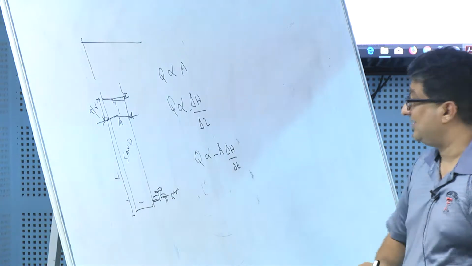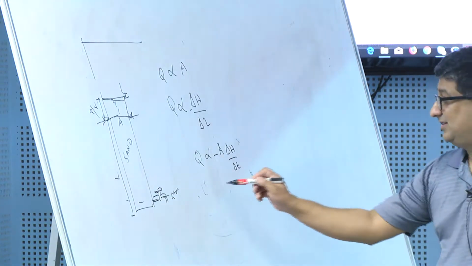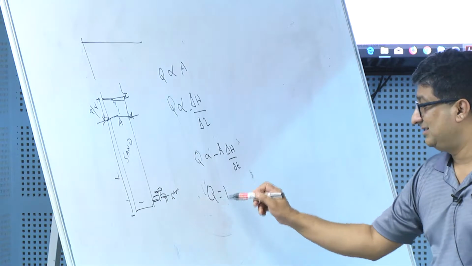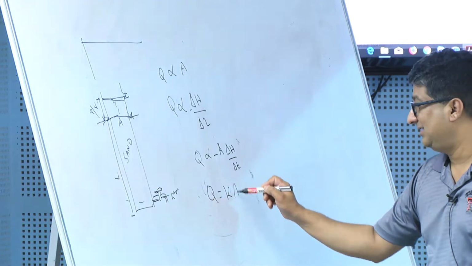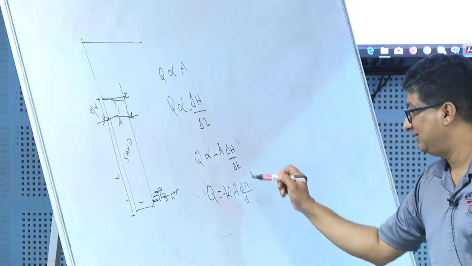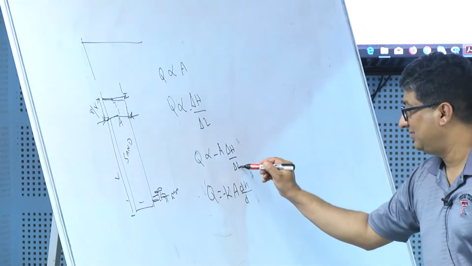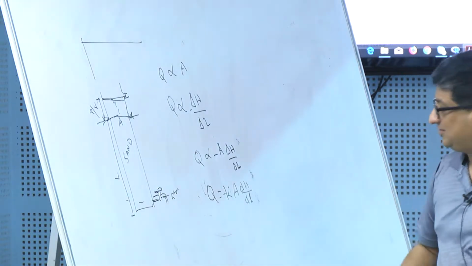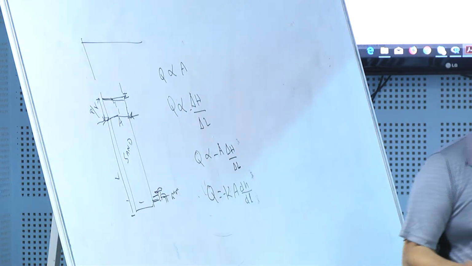Of course, let's not forget the negative sign. So Q is equal to K A dH over dL. I'm going to write it in the derivative form as dH over dL.